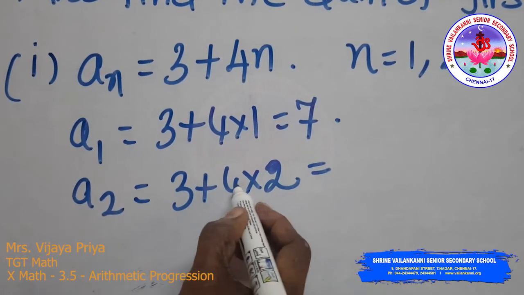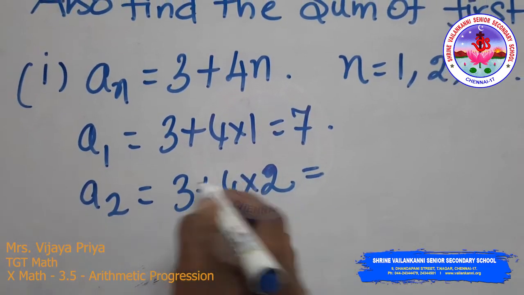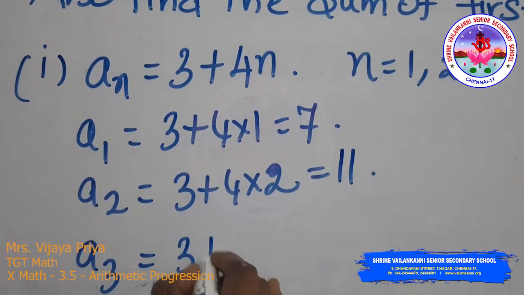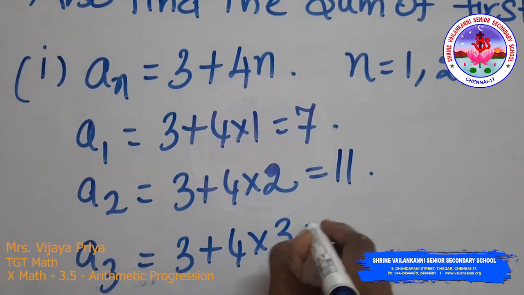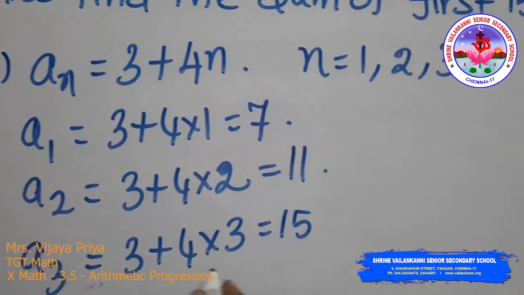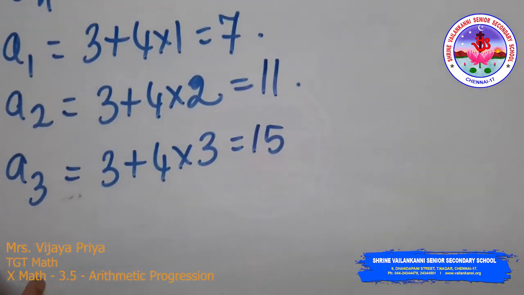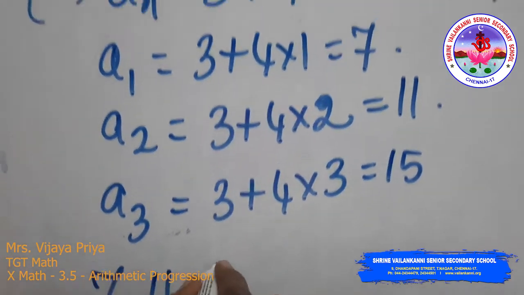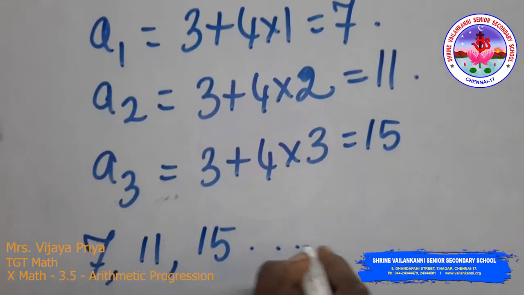So I will get 4 into 2, 8, 8 + 3 = 11. So a3 = 3 + 4 into 3, 12, 12 + 3 = 15, and so on. So I am going to write the sequence now. The first term becomes 7, second term 11, third term 15, and so on.